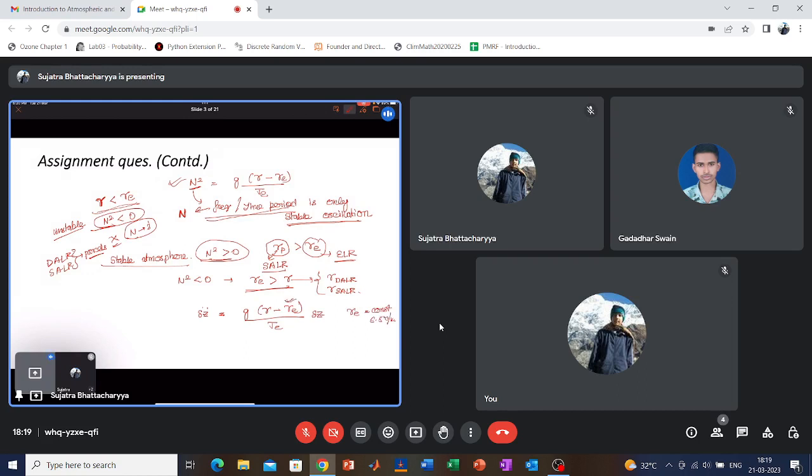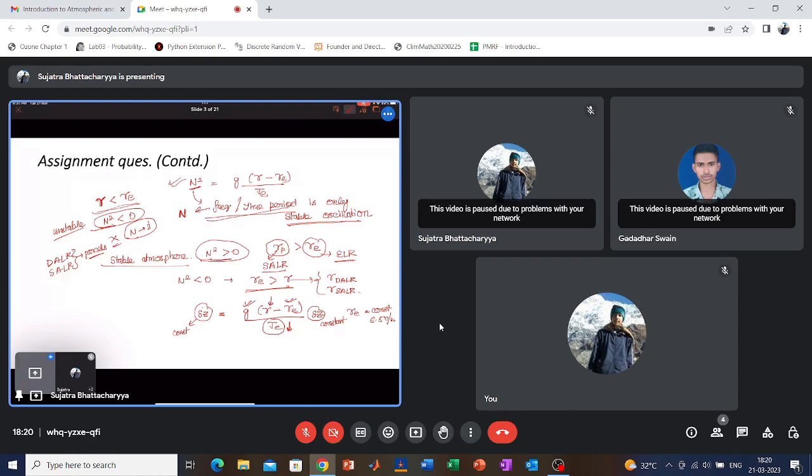Delta Z and delta Z double dot, let us consider constant, that the acceleration is the same and the displacement is also the same. g is also constant. Now, this ambient temperature means the environmental temperature. So, if this TE decreases, then gamma also has to decrease in order to keep all the things constant.